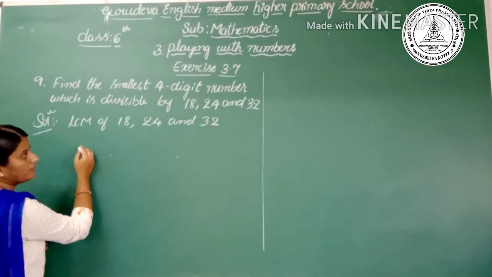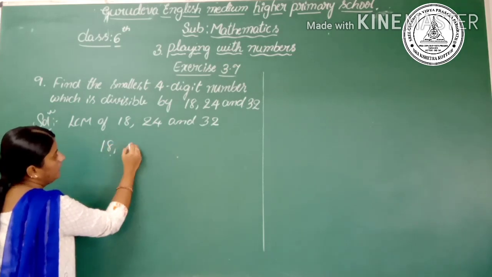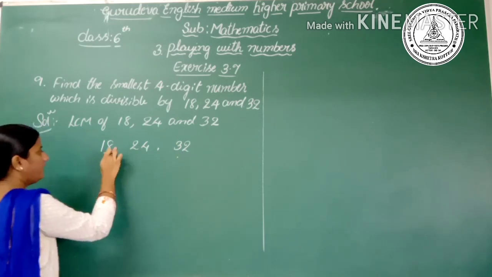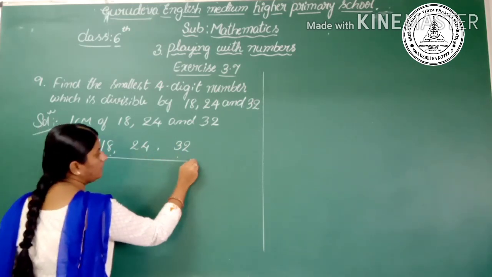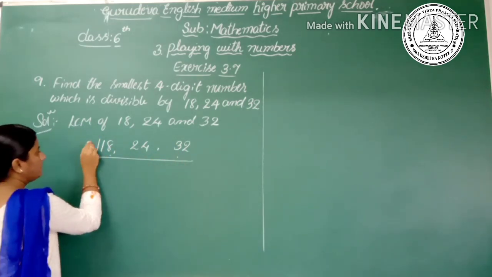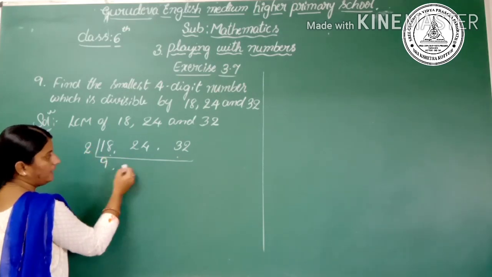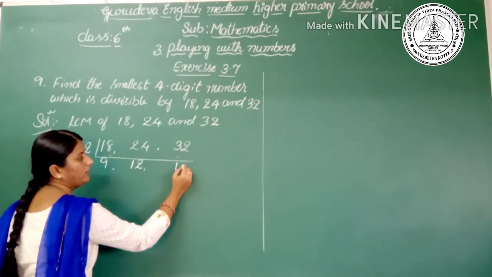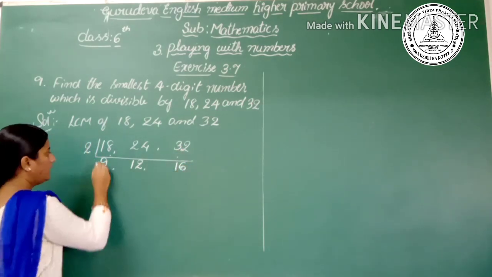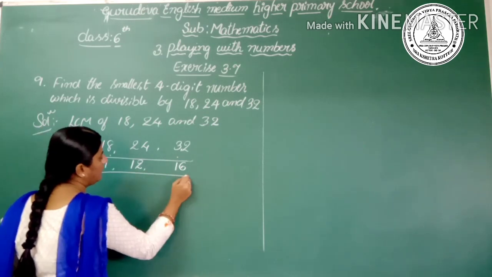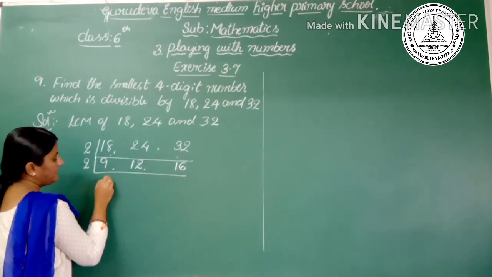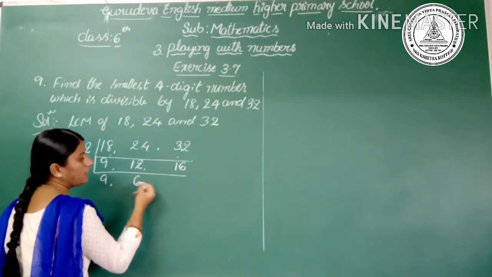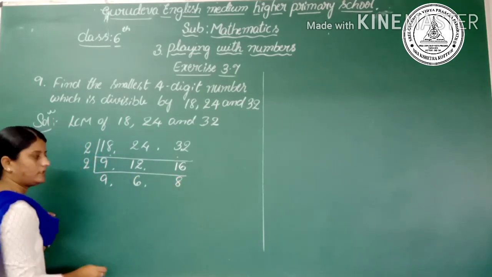Then find the LCM of 18, 24 and 32. I will use the prime factorization method. Divide by 2. 2 9s are 18, 2 12s are 24, 2 16s are 32. Next again divide by 2. 9 is not divisible by 2, so write it as it is. 2 6s are 12 and 2 8s are 16.